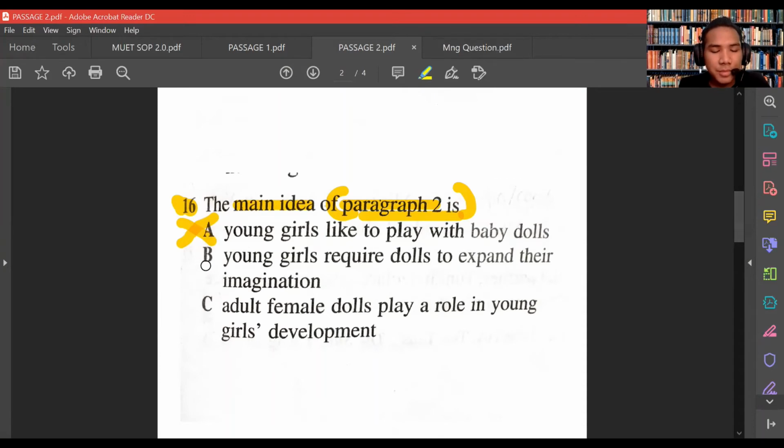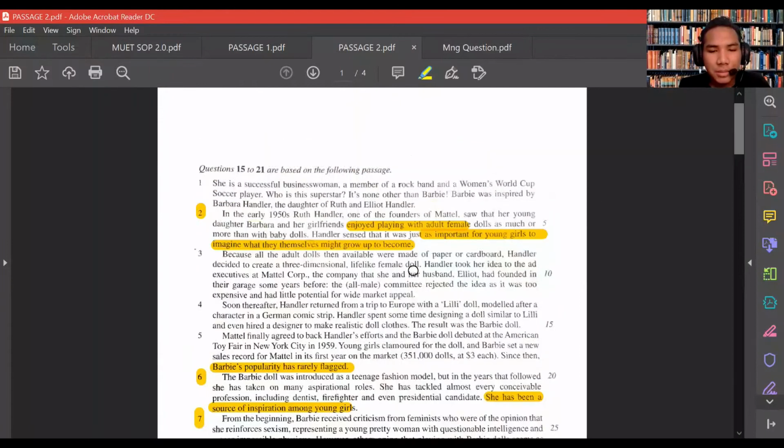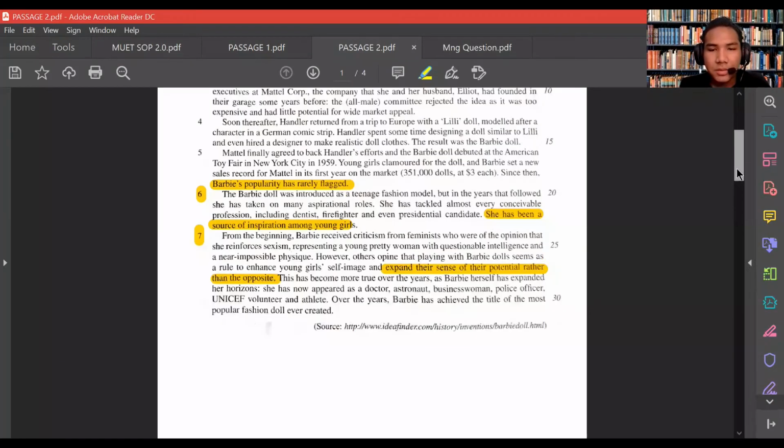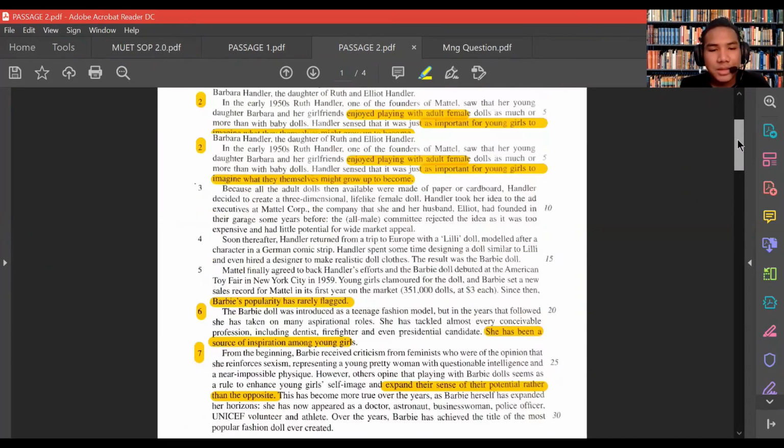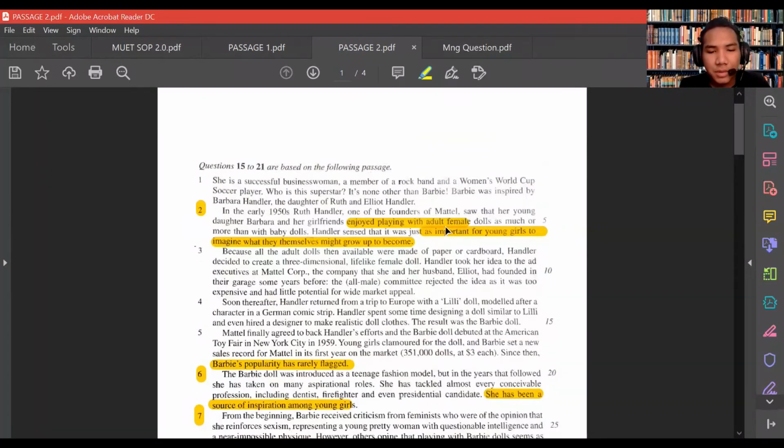For B, young girls require dolls to expand their imagination. It also doesn't relate to the keywords that we found in paragraph 2, as it mentioned that it was just as important for young girls to imagine what they themselves might grow up to become. So, as we compare it to the last option, adult female dolls play a role in young girls' development, we can clearly see that it is the same message as what is provided in the text.